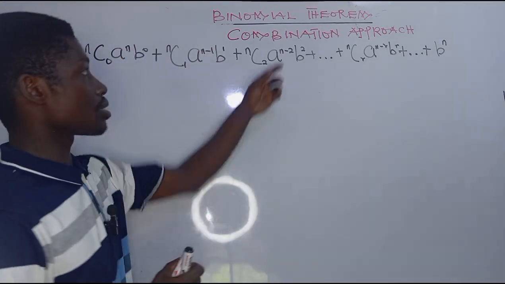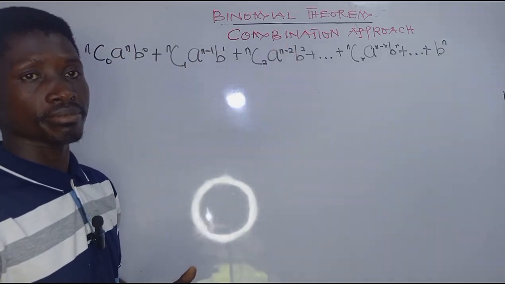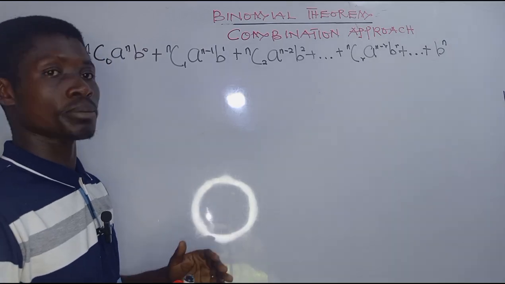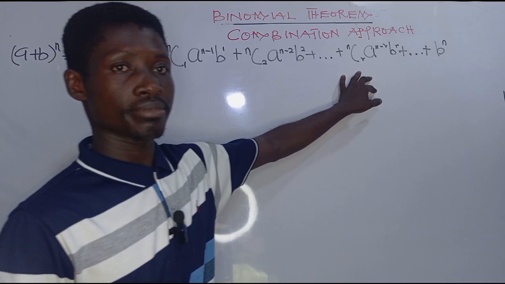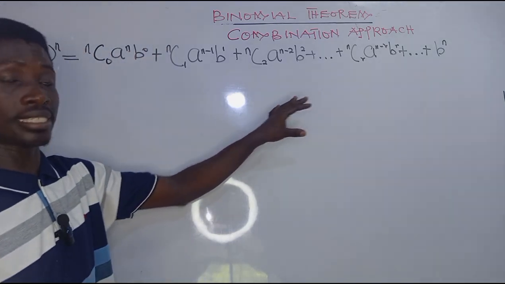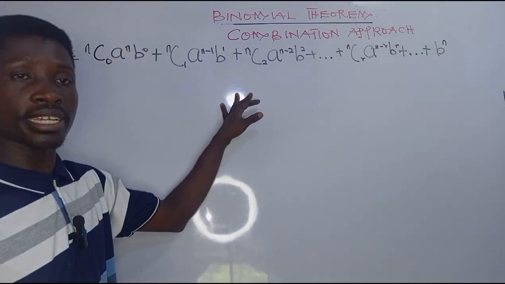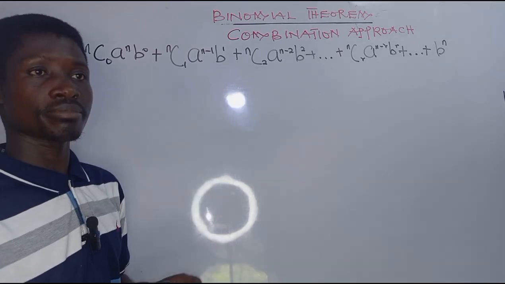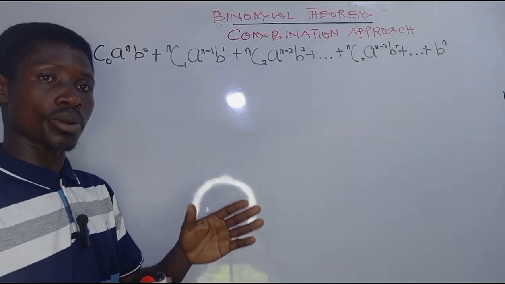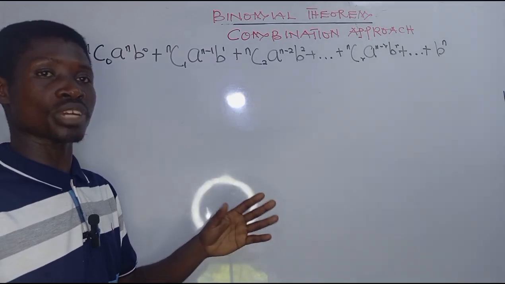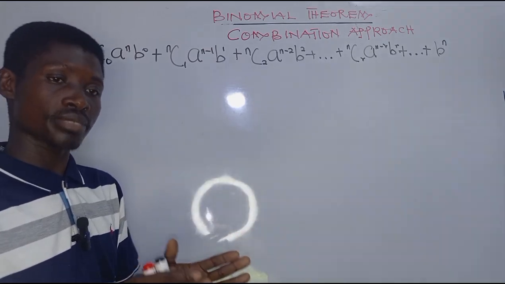So we are actually starting with the combination approach. And under the combination approach, we shall be making use of this formula. This formula seems very lengthy, but it is very easy to remember. It is similar to that of the Pascal's triangle because in the Pascal's triangle, we were making use of what?